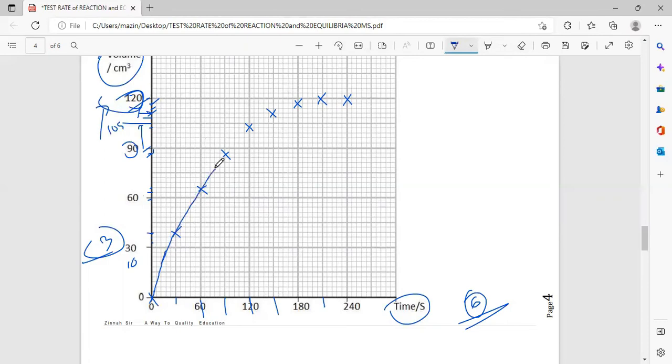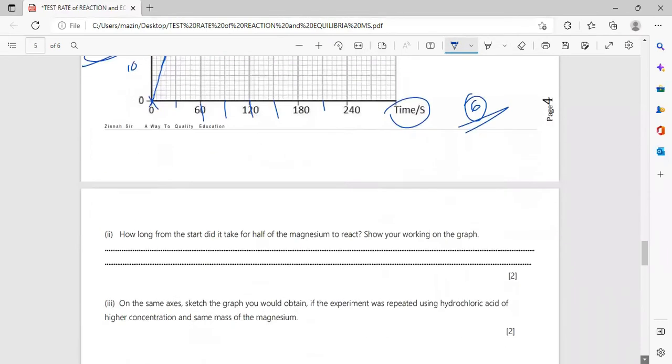When you draw this in pencil, that would be easier, right? For this little problem here, you just consider a straight line. Okay, somewhat is okay. Then we move to the next question.